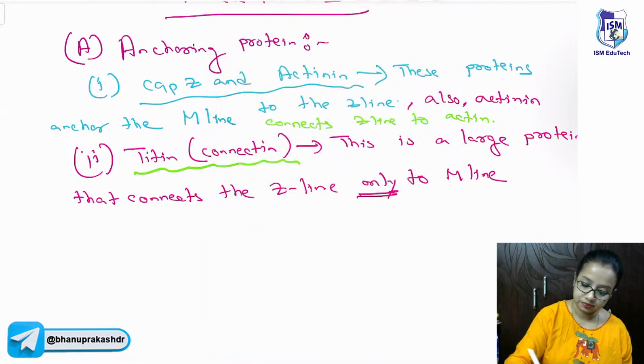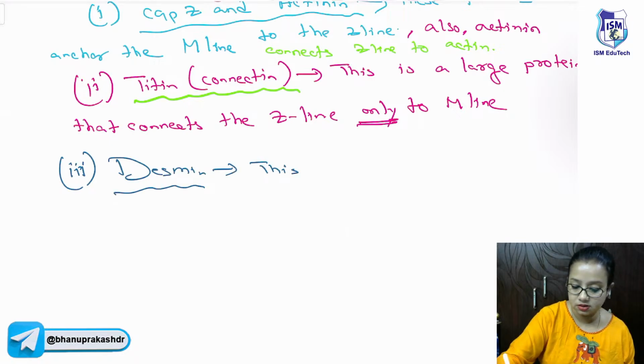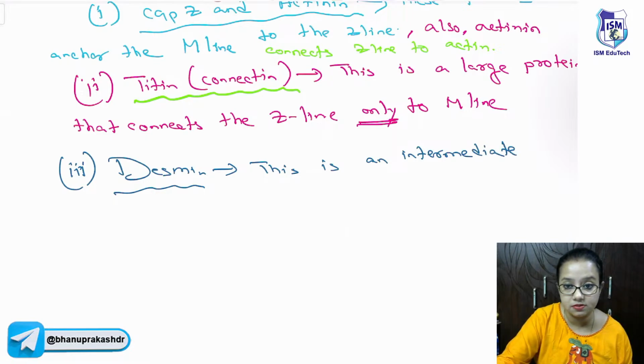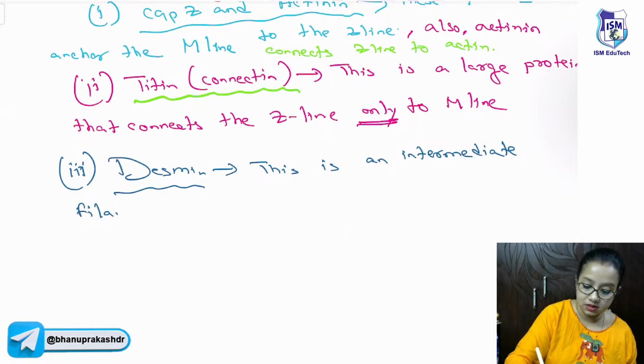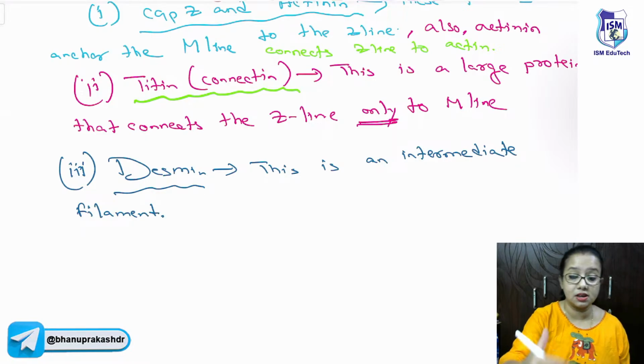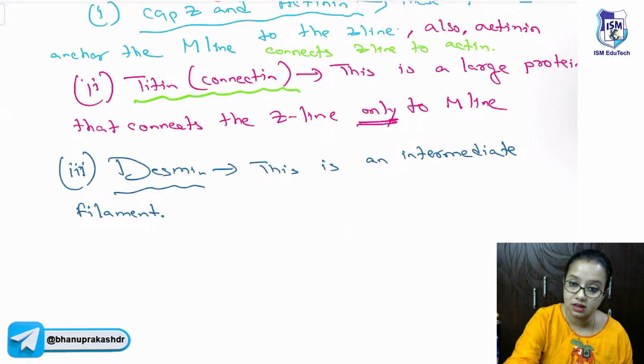Okay. Third is desmin. Now, this is an intermediate filament. There are thick filament, thin filament, and intermediate filament in the cytoplasm. Desmin is an intermediate filament, and we just mentioned a thin filament. What was that? The thin filament we mentioned is the actin.